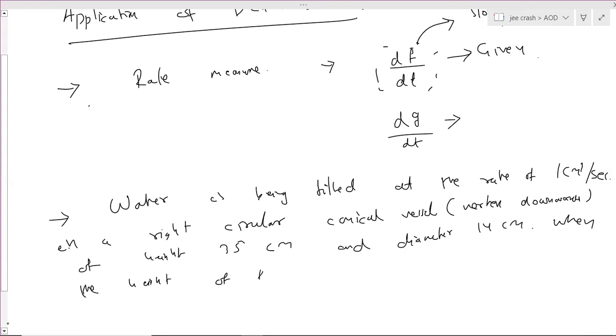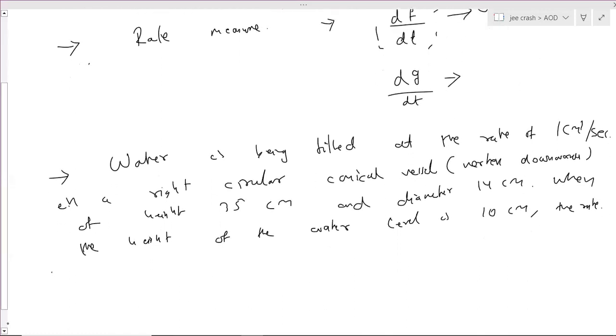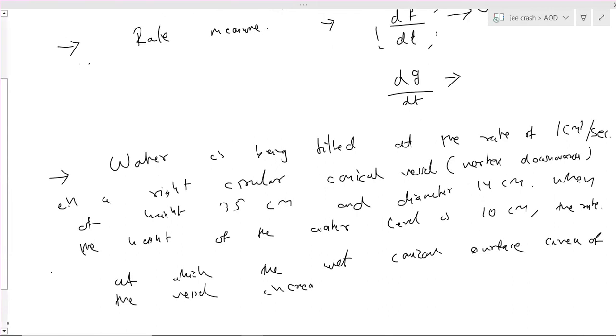And the height of the water level is 10 centimeter. The rate at which the wet conical surface area of the vessel increases. This is JEE Main 2022 question.